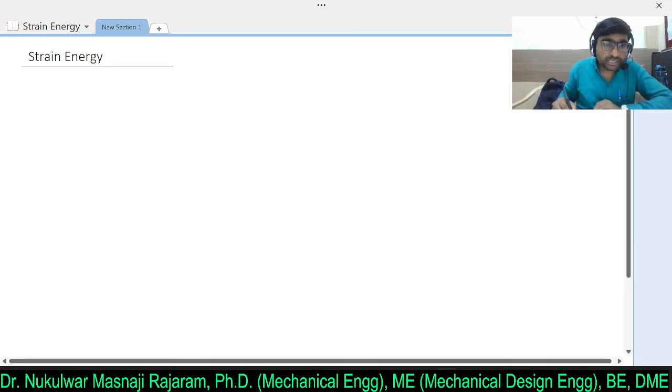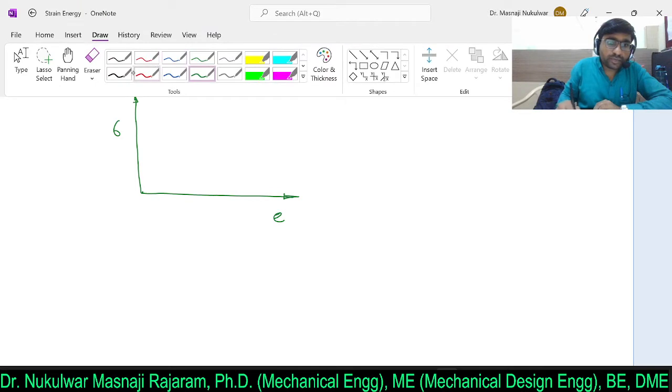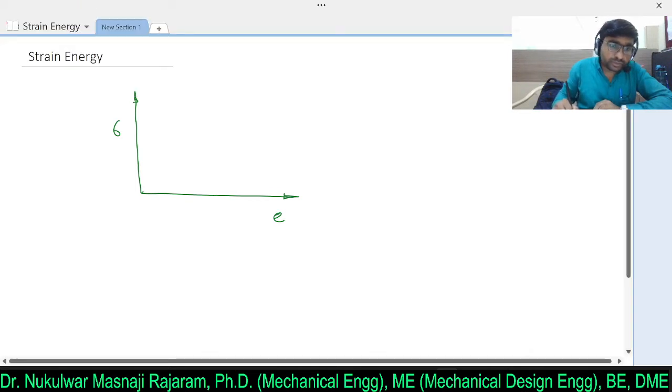If I consider a ductile material, I can draw the stress strain diagram. If I consider strain along the x-axis and stress along the y-axis, then we observe the stress strain curve.